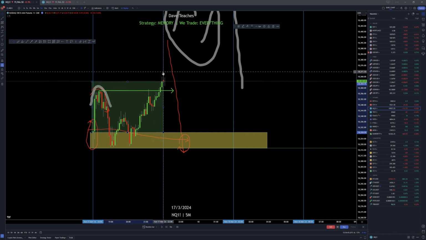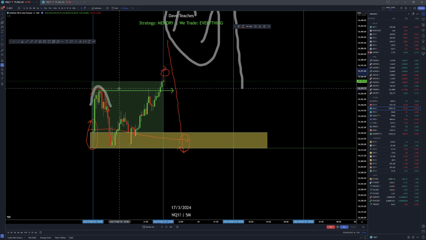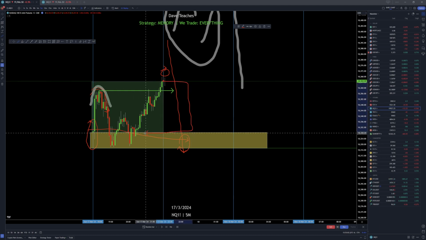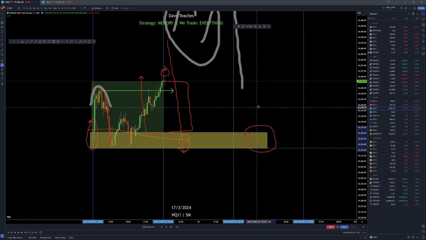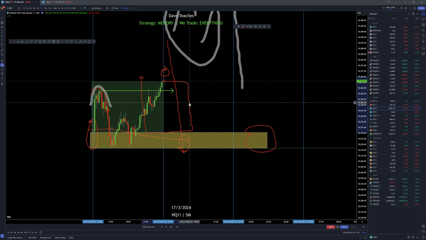And this is the open of the next 4-hour candle where it put in a wick at the high, right? Put in a wick there, opened, and left this body, this 4-hour body below, and this 4-hour wick down below.